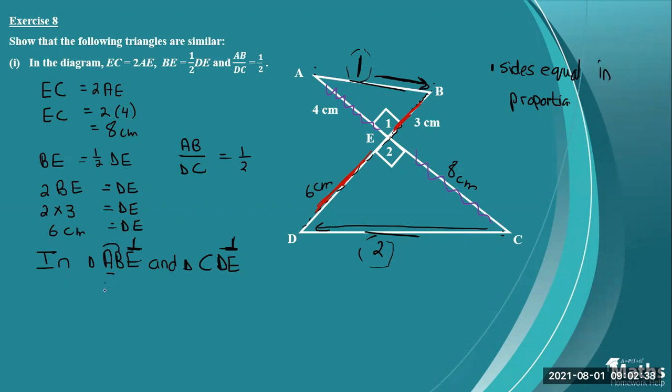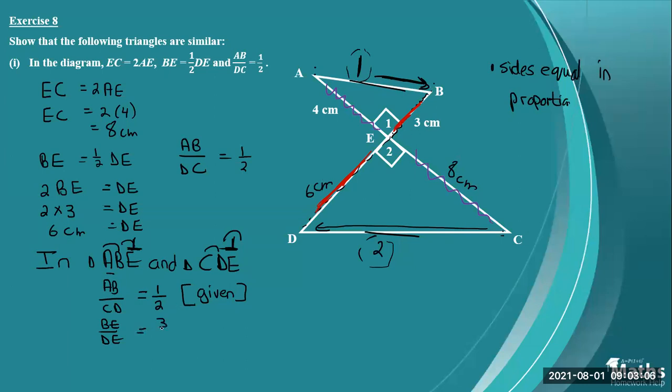So AB over CD is 1 over 2. I'm going to say given, because they gave it to us. BE over DE. BE, let's see.